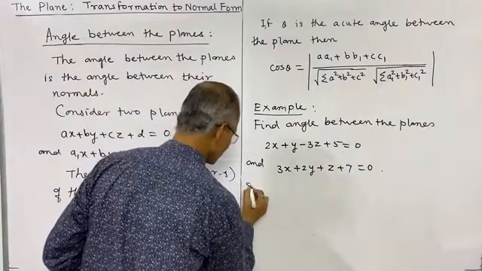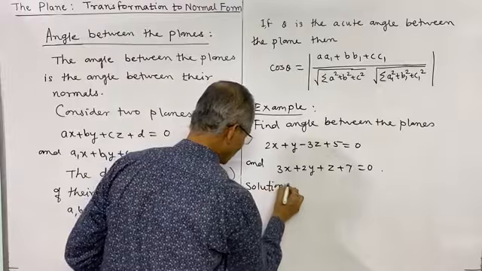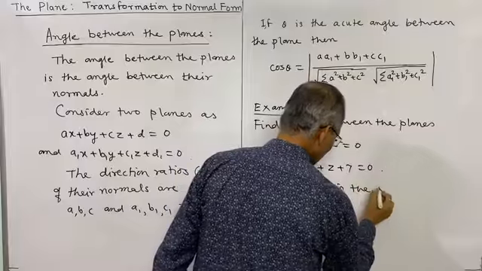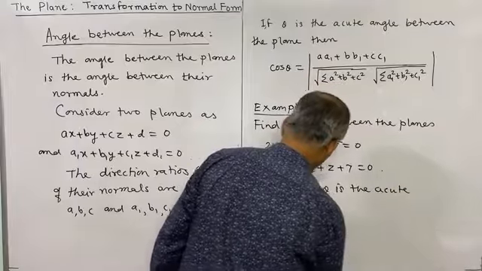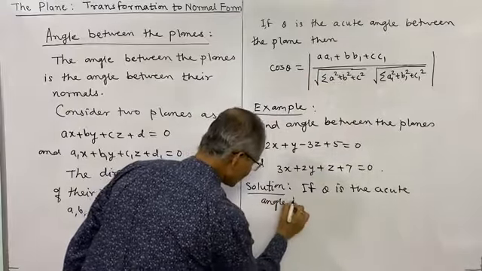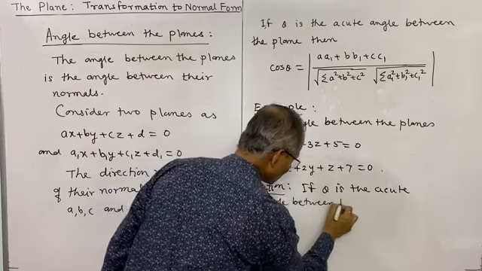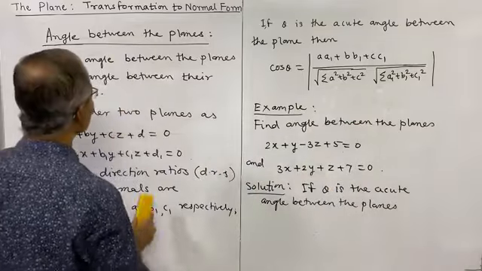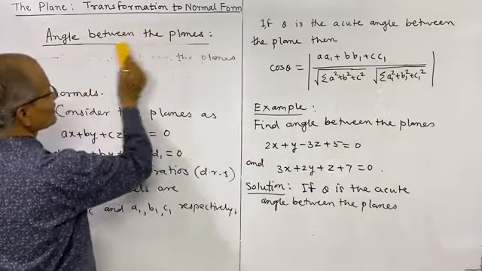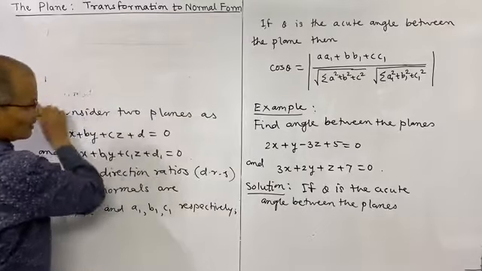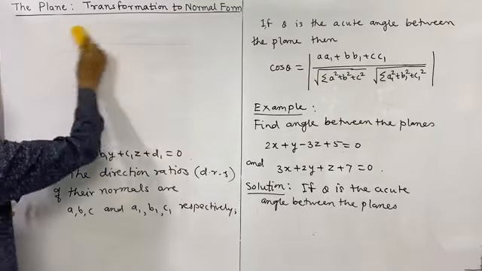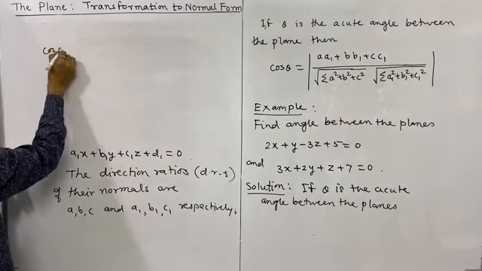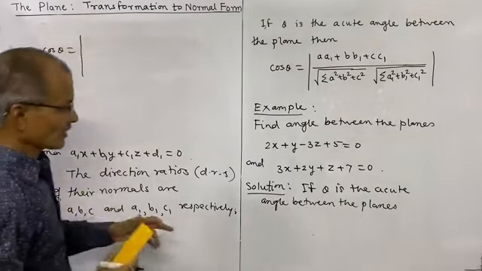So solution for this: if theta is the acute angle between the planes, then we will use the relation directly. What is cos theta? Cos theta will be the absolute value of A into A1 and so on.